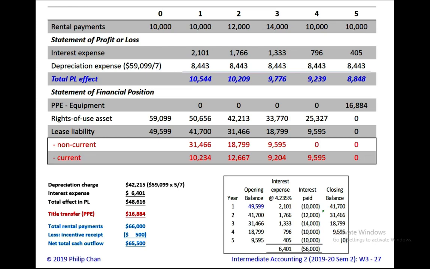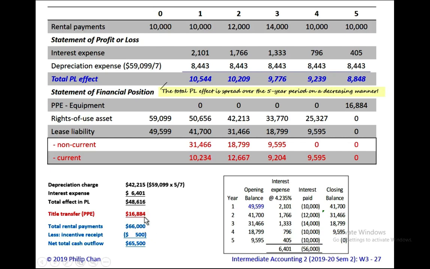What do you debit? You debit the overall total depreciation charge, which is the right-of-use asset times 5 years over 7, plus all the total interest expense together. That gives you the sum of the five numbers here, equal to 48,616, plus eventually you receive an asset. It's like you debit the PPE and debit all the expenses, so the two would be balanced.